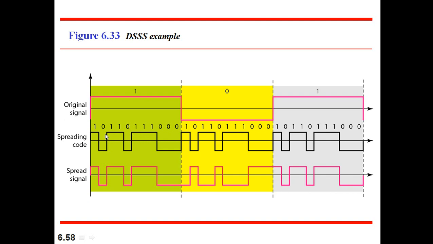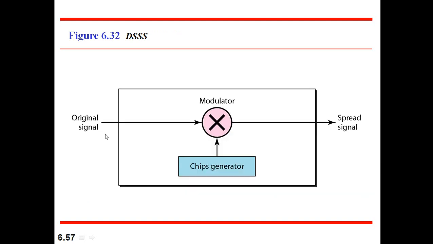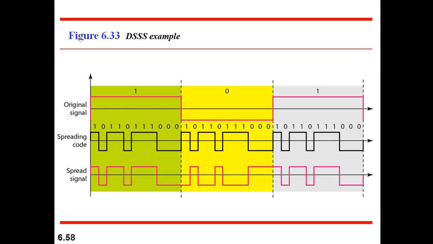And in this process, suppose a 1-bit piece of information is coded as this 11-bit chip code. In that case we need a bandwidth that is 11 times larger than the original one.